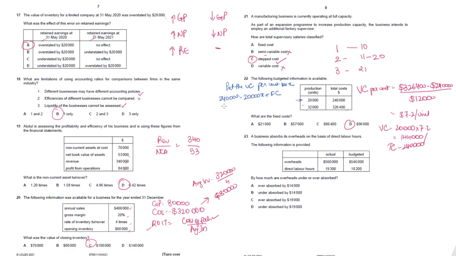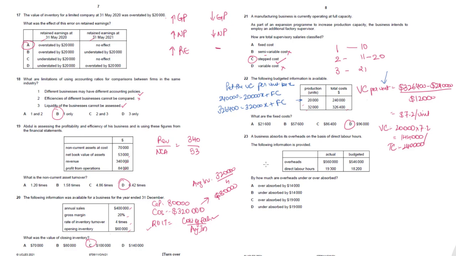While for the second set of information, 326,400 will be equal to 32,000 X plus the fixed cost. Now you'll have to solve this algebraic equation in detail and calculate the value of X and the fixed cost. That will take a little more time, but you can remember this formula. Whenever total cost and the output are given for two different levels, you can calculate the variable cost per unit by using this formula: the difference in cost upon the difference in output.